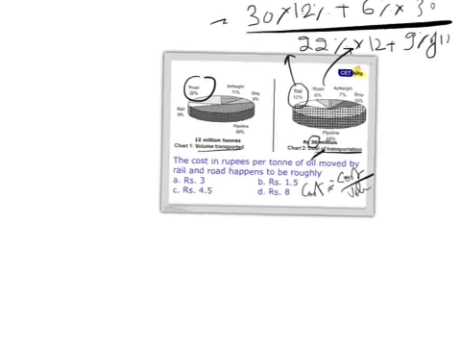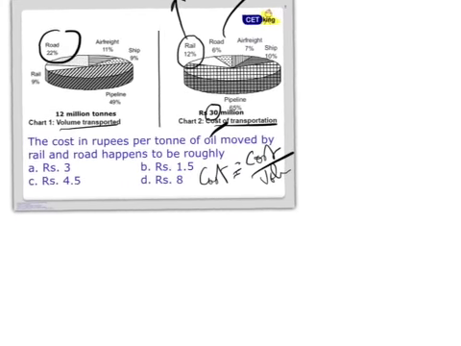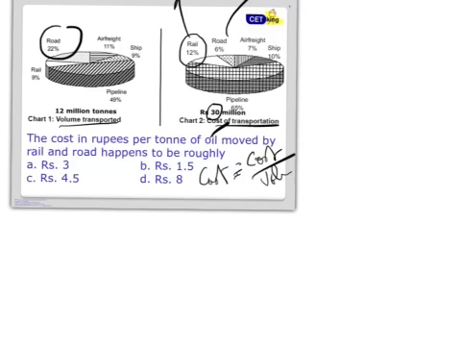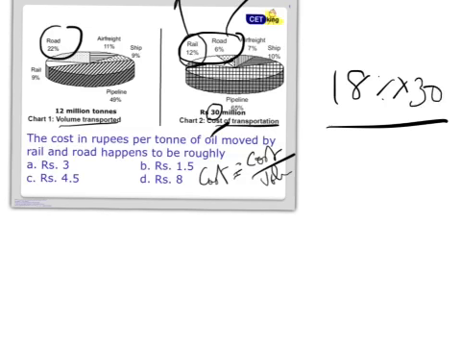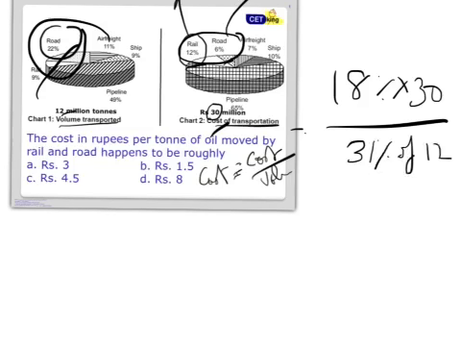That's the typical way. If I look at the shortcut here, as I've seen in the earlier video as well, total rail plus road, I don't need to calculate individually, I can combine them: 12 plus 6, 18%. Total cost is 18% of 30, whereas total volume transported is 22 plus 9, 31% of 12.